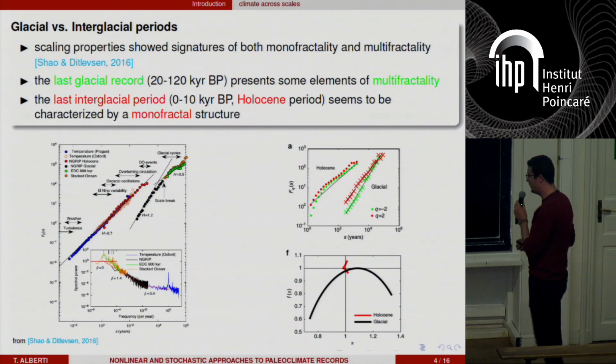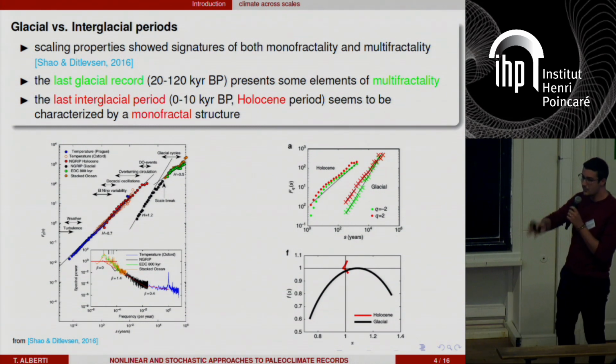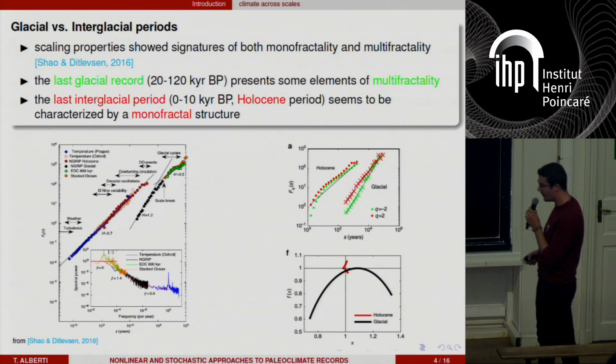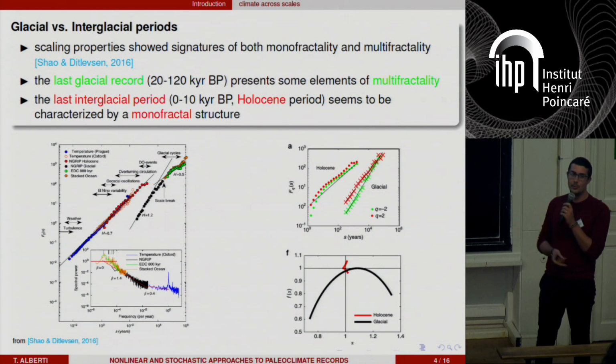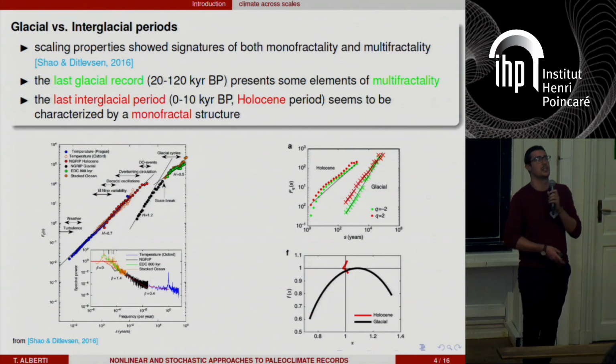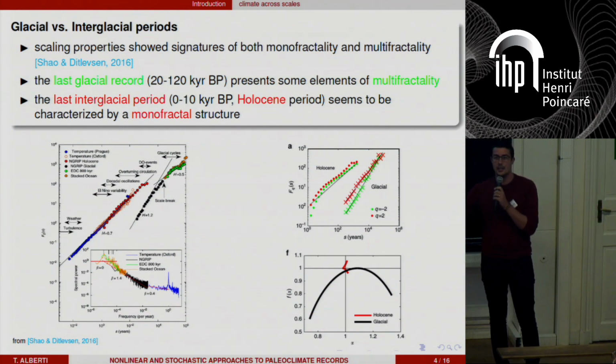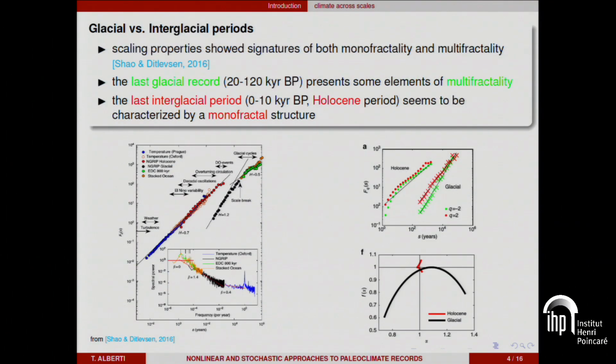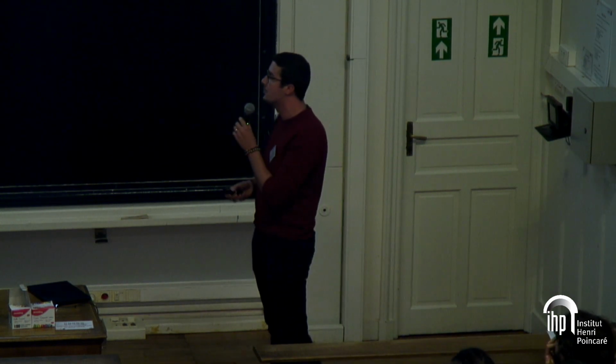The most important feature is the variability between glacial and interglacial climate, and this variability seems to be different because the scaling properties of a glacial climate period are completely different with respect to the interglacial variability. As shown, for example, by Shao and Ditlevsen in 2016, there is a difference between the current interglacial period, the Holocene, which manifests a monofractal behavior, and the last glacial period, where evidence of multifractal behavior is observed.